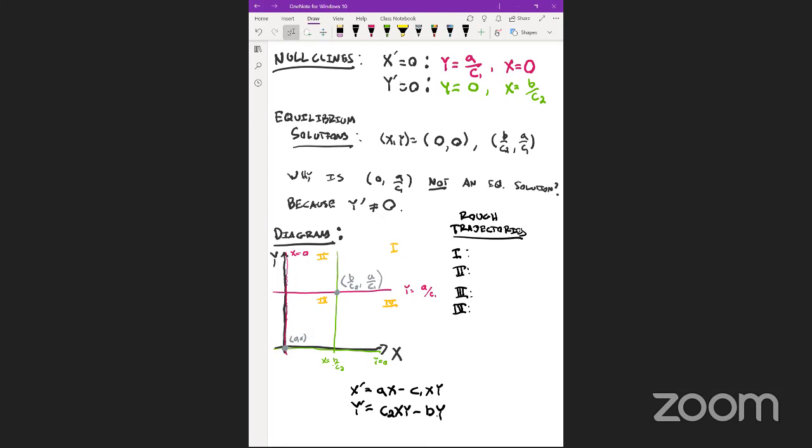And so quickly, we can look asymptotically, pick a region. For instance, in region 1, what do we expect the trajectories to be? You can think about the exact inequality relations, or you can just think about the asymptotic behavior. What will the trajectories be doing?